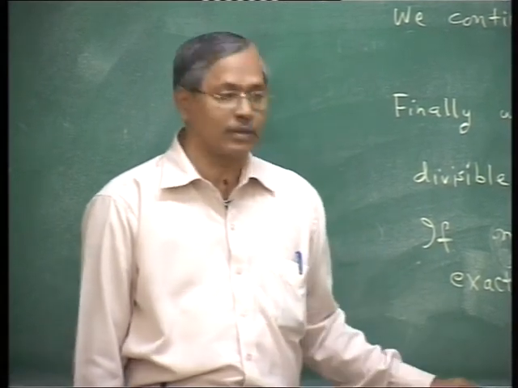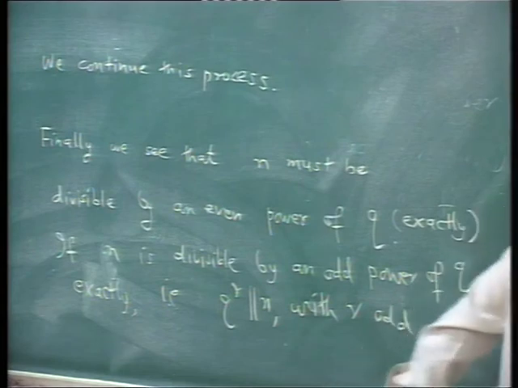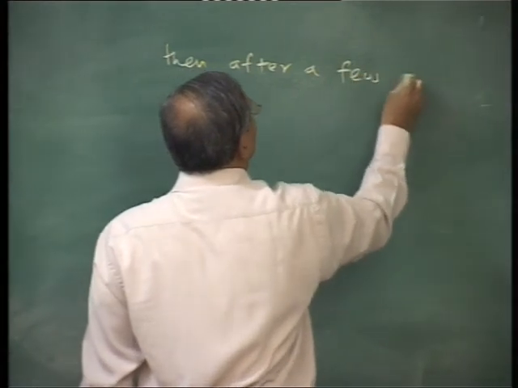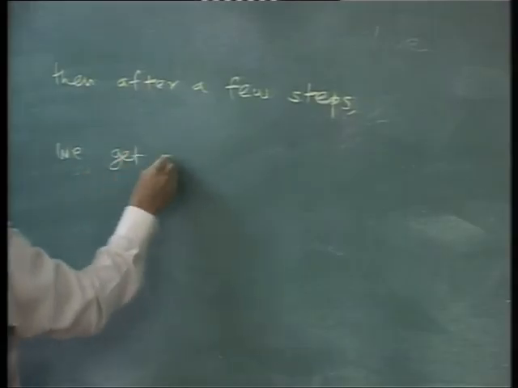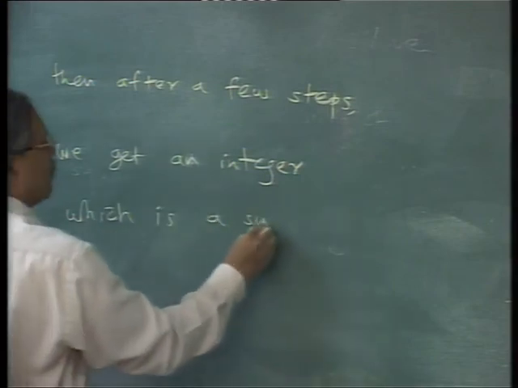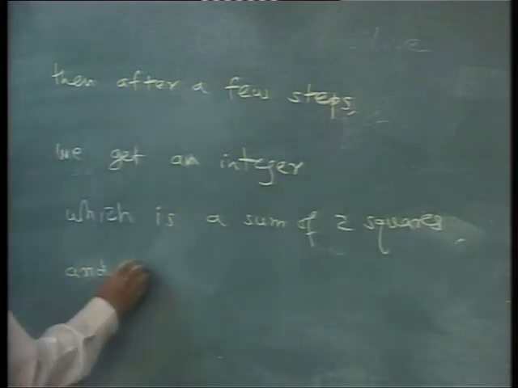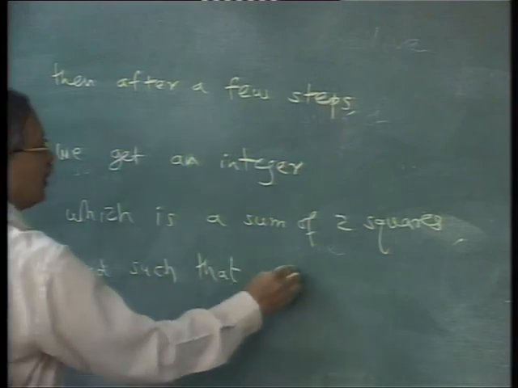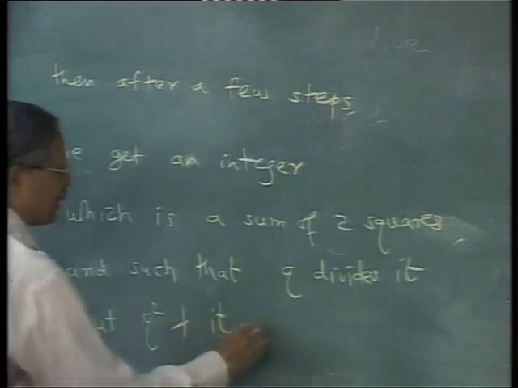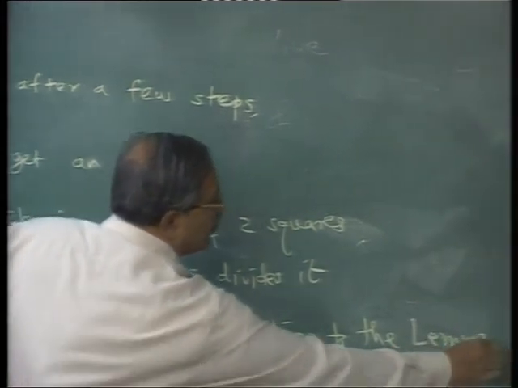So at one stage, after a few steps, we get an integer which is a sum of two squares and such that q divides it, but q square does not divide it. That is a contradiction to the lemma.